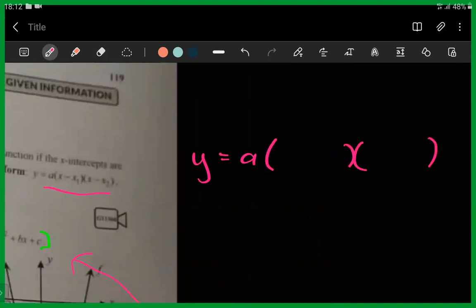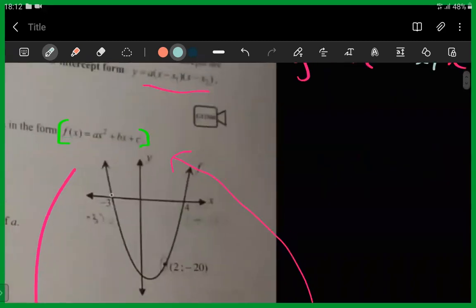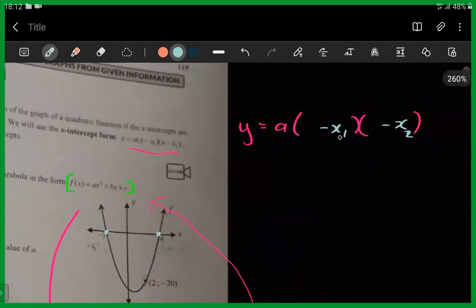Those two brackets will always have two specific x values, which will always be representing your x-intercepts, you see. So the reason why there's a minus x1 and a minus x2 is because whatever you actually see in the graph, the opposite is what you put over here.